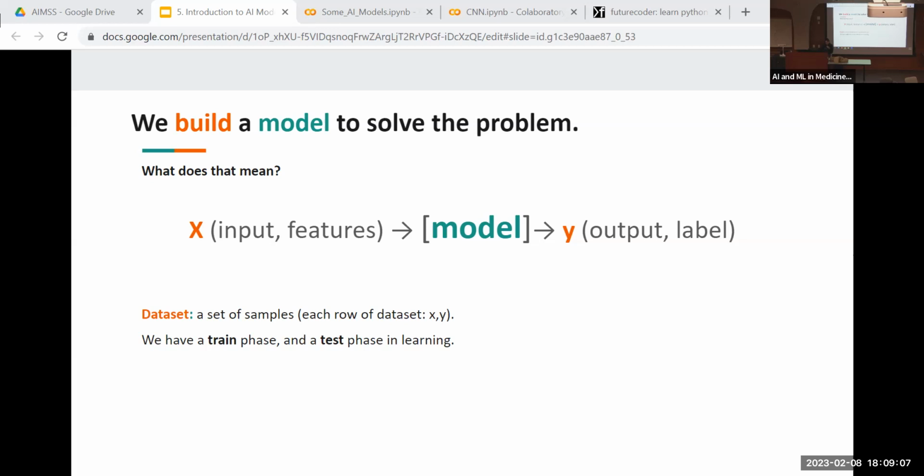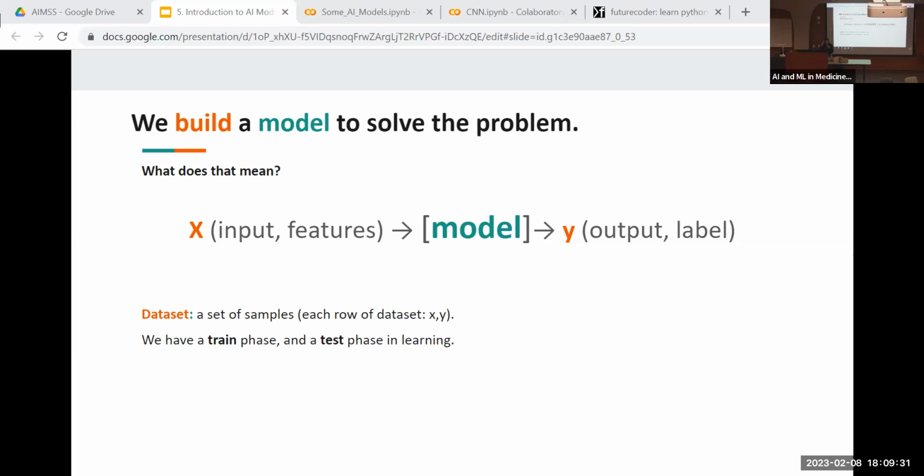And the model gets input, gets features as the input, and provides us with an output. And we want to build a model that can learn based on these data. And after the training phase, after the model has learned, we want the model to be able to predict unseen data, predict Y for an unseen X.